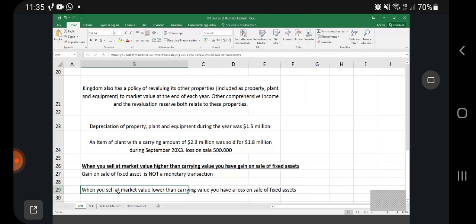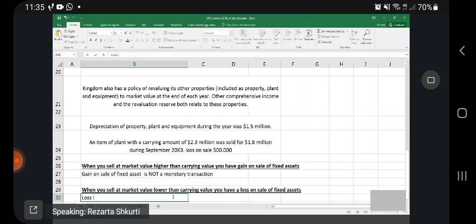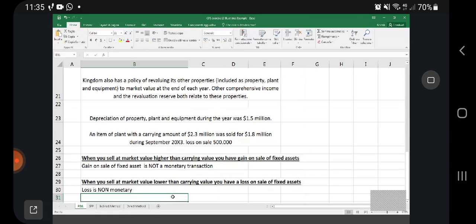Again, this is a rule that you already know. Why I am mentioning it here is that the loss on sale of fixed assets is non-monetary. This is the example that we are having here. Loss is a non-monetary expense. It does not involve cash.